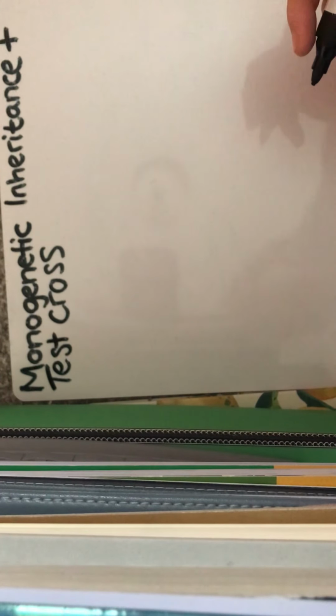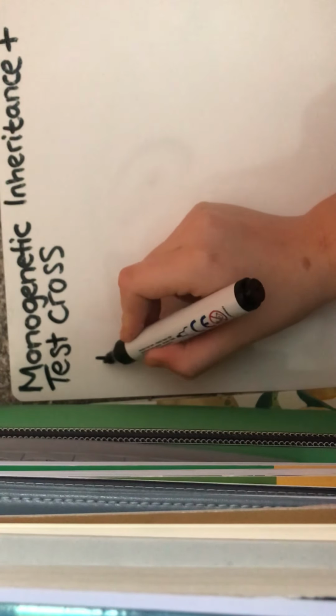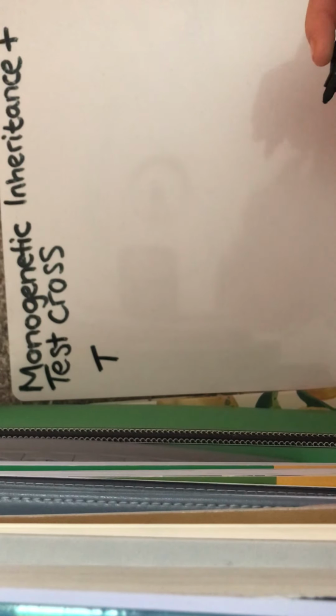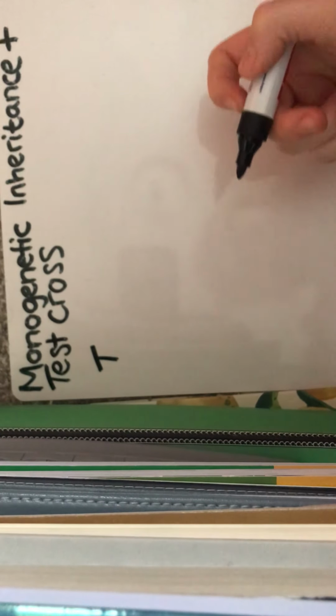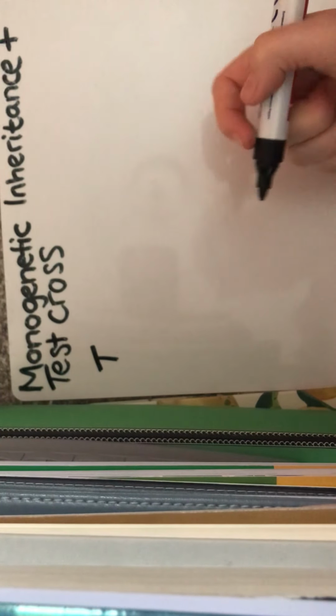If I had an uppercase T, this would be a dominant allele. If I had a lowercase t, it'd be a recessive allele.